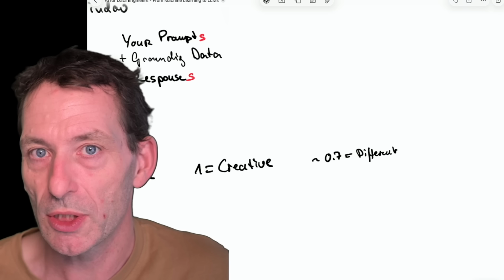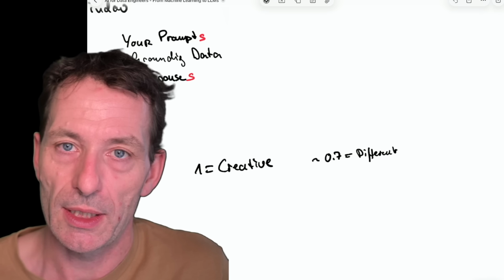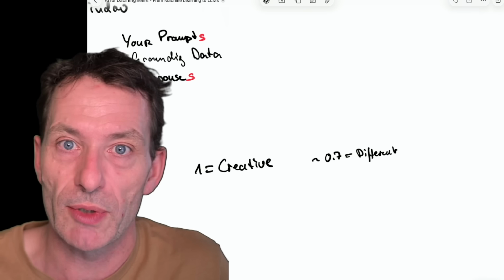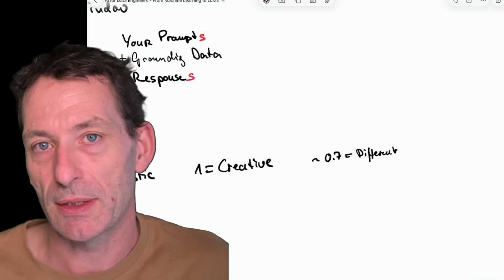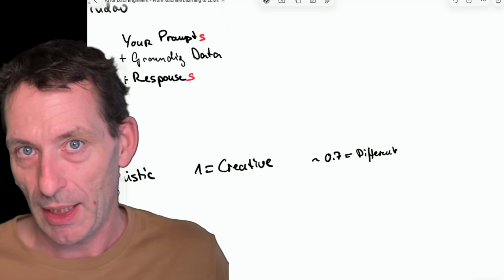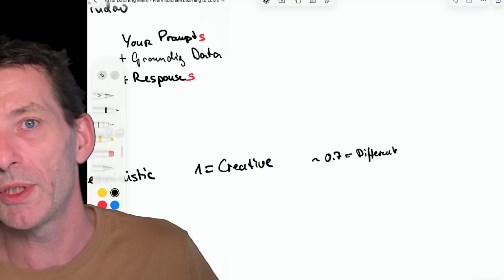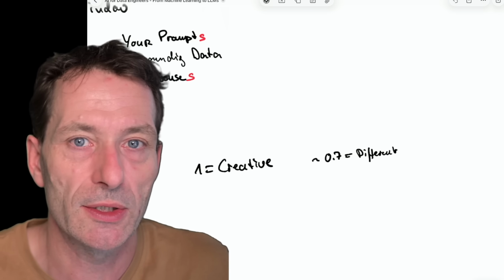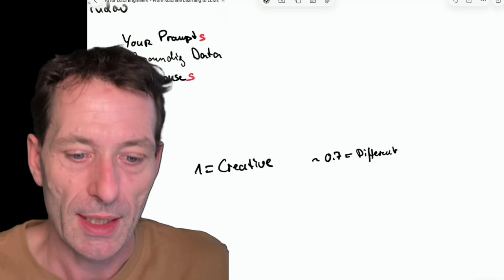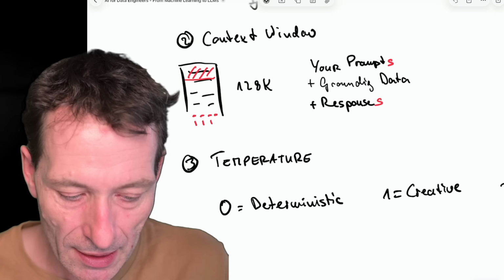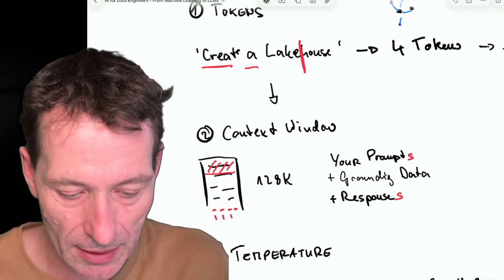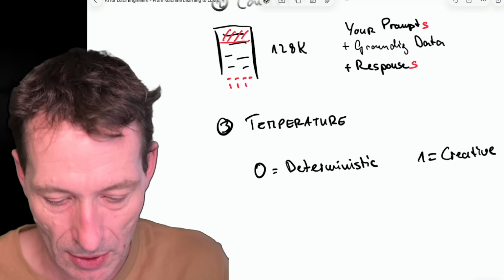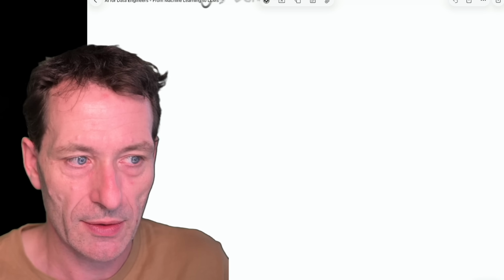This is especially true for rarely used languages. We have one in Switzerland, Rätoromanisch. It's rarely used even in Switzerland, so the token body for this language, by definition, has to be smaller. That's literature and so on. So these are the 3 things you need to keep in mind when working with large language models: the tokens, the context window, and temperature.